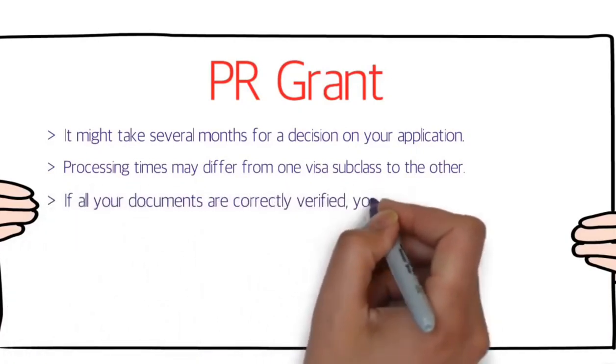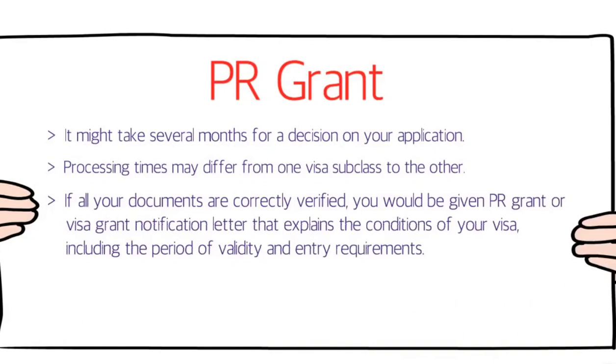If all your documents are correctly verified, you would be given a PR grant or visa grant notification letter that explains the conditions of your visa, including the period of validity and entry requirements. So you'd be given a timeline. By the end of that validity period, you have to land in Australia for the first time at least.